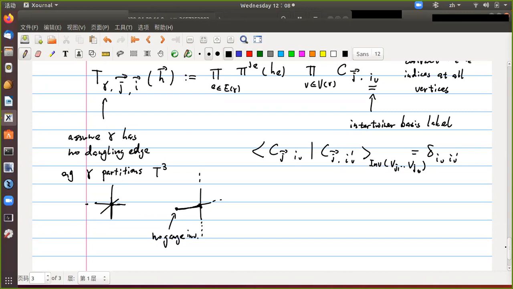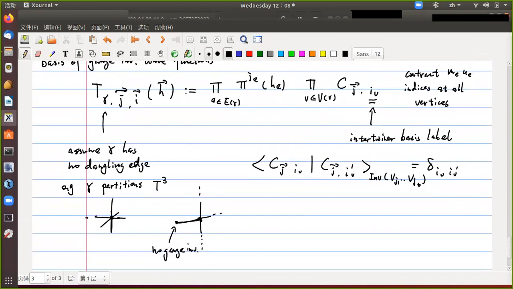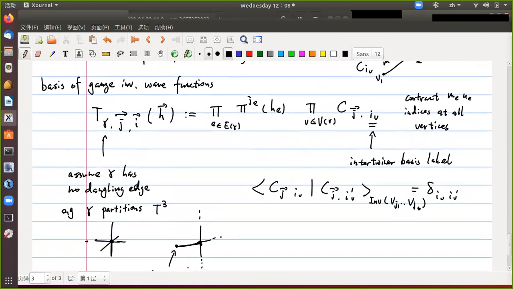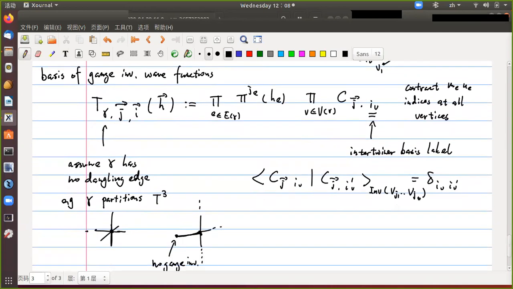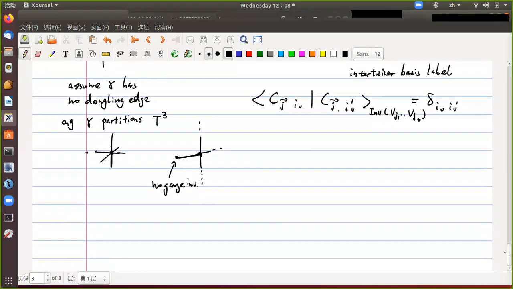Okay. So we have constructed those wave functions, and these wave functions T, gamma, J, and I are actually a basis.